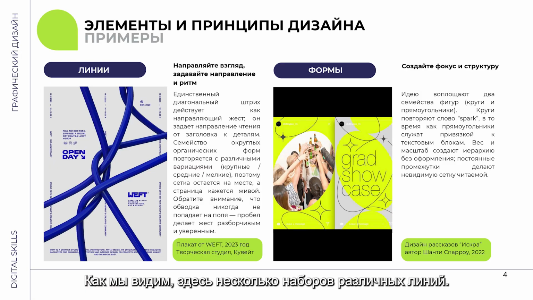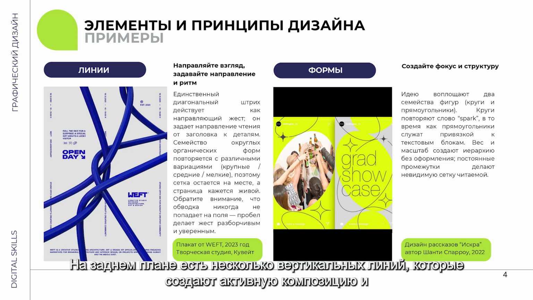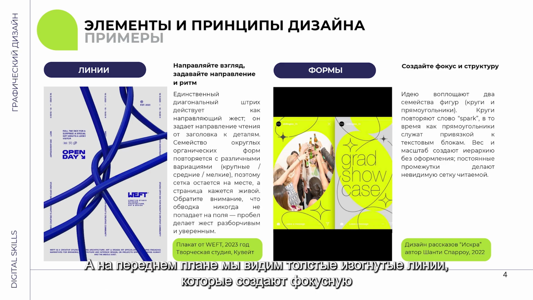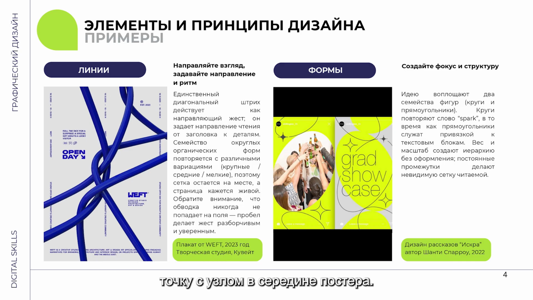As we can see, there are a few sets of different lines. In the background, there are a few vertical lines which create an active composition and make our eyes slide from the top to the bottom of the design. And on the first plane, of course, we can see thick curvy lines which create a focal point with a knot in the middle of the poster.